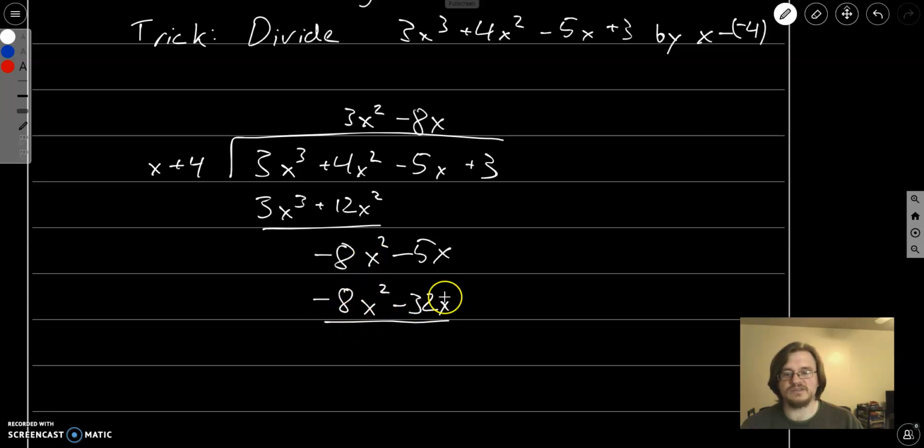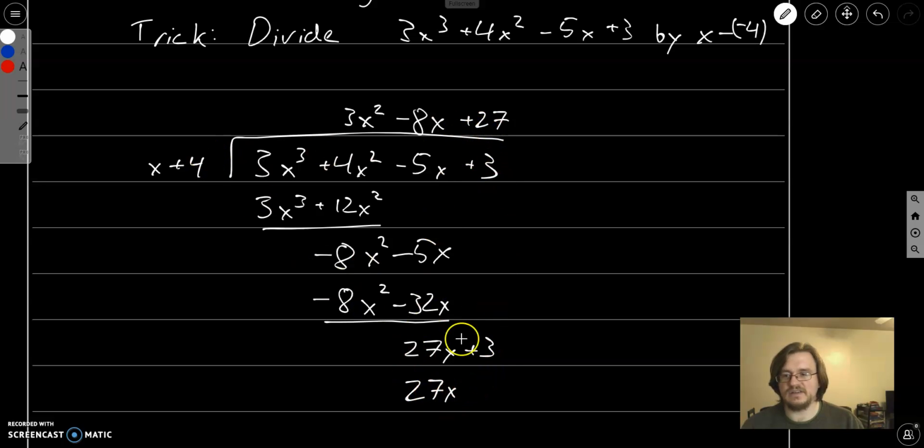Again, we subtract, those cancel. Negative 5x minus a negative 32x. So again, we're subtracting a negative, so it's the same thing as adding. So we will get 27x plus 3. So x plus 4, if we're dividing that into here, we'll get 27x.